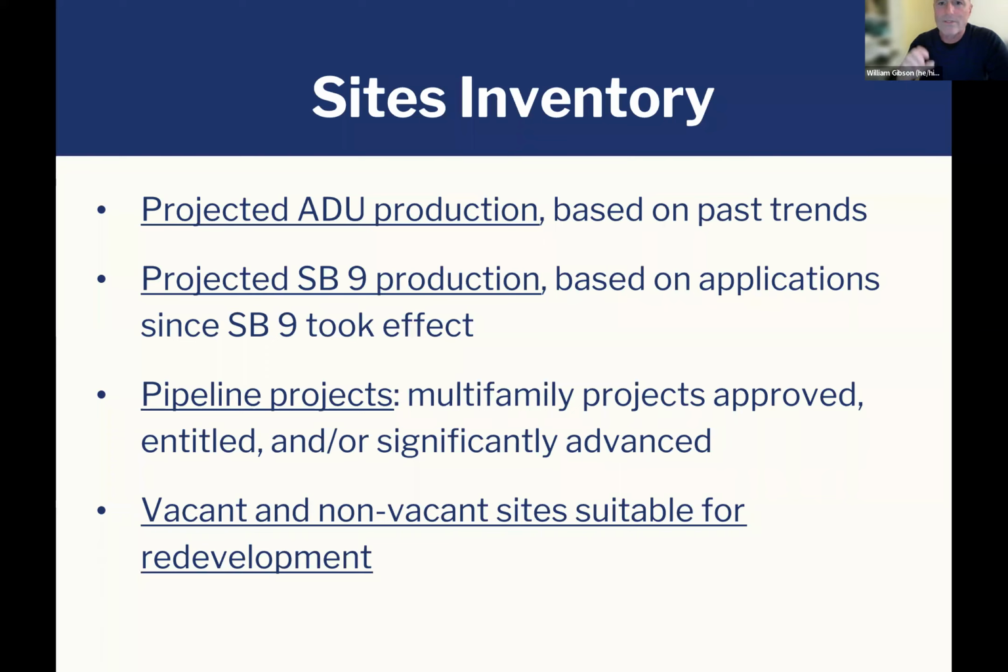It also lowers the size that sites can be and streamlines the process significantly. So we looked at SB 9 production based on what has happened since the law took effect in January 2022, what we have got in terms of permits so far, and projected that forward. Then we included the pipeline projects that are underway but not yet approved. And then we looked at the core of the sites inventory, which is the vacant and non-vacant sites that are suitable for development or redevelopment.